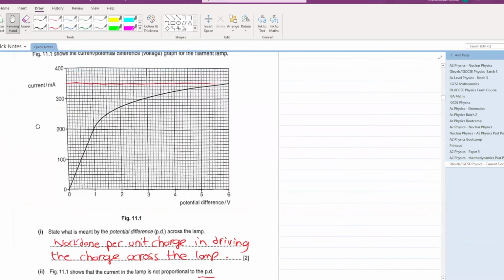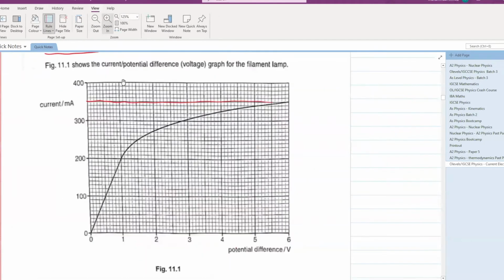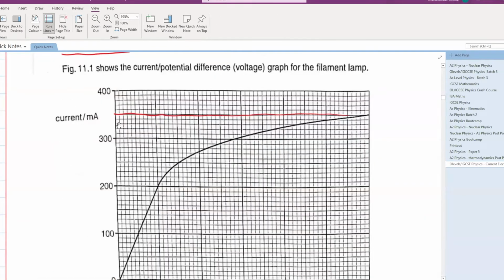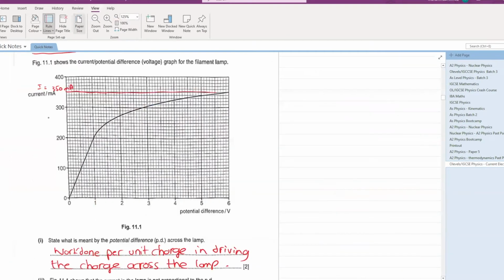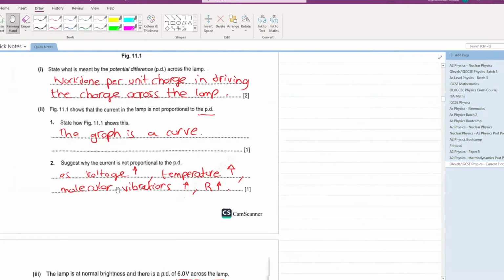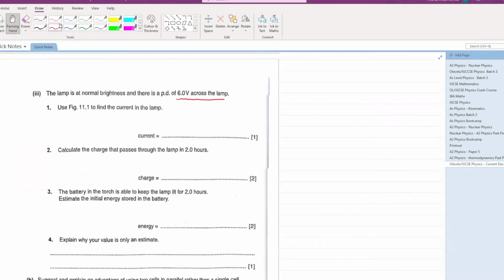So let's see here. If we zoom in a bit, 1 2 3 4 5, yeah, so this is 350 milliampere. Your current is 350 milliampere. Okay, so now if your current is 350 milliampere, voltage is 6. I think the next part would be energy. I think so. 350 milliampere is your answer.